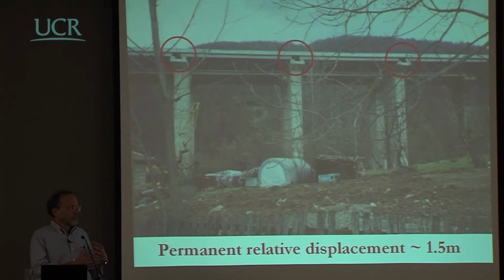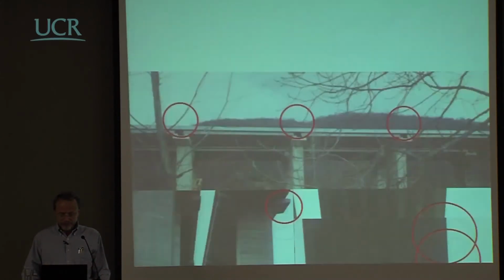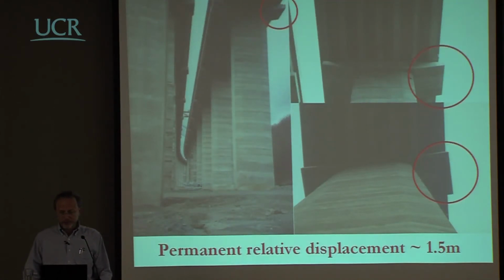And there was also a relative displacement in the transversal direction because, as I was saying, the fault was not transversal to the bridge, or not parallel to the bridge. You can see here in the transversal direction the relation between this cap beam and this deck, and you will immediately note that there is a permanent displacement here, and it's also easy to see that there is a rotation here.